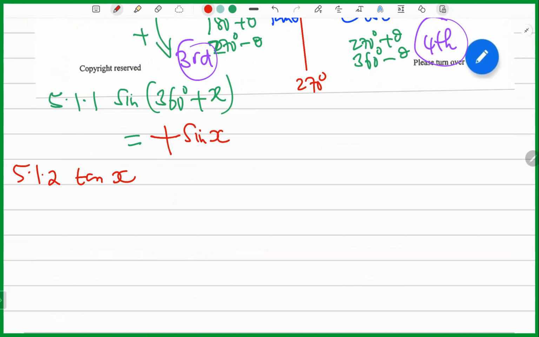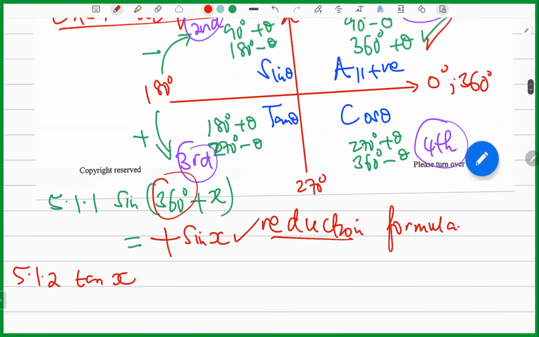This one does not use any reduction formulae. The previous one used the reduction formula, because we reduced the angle 360 degrees plus x to just an acute angle x, so it was a reduction.